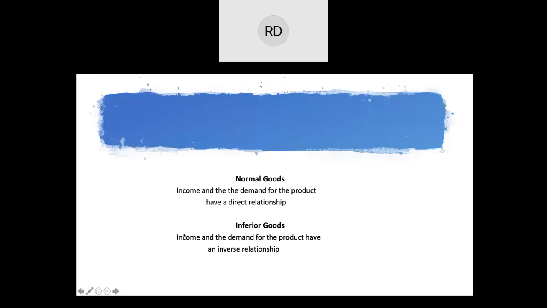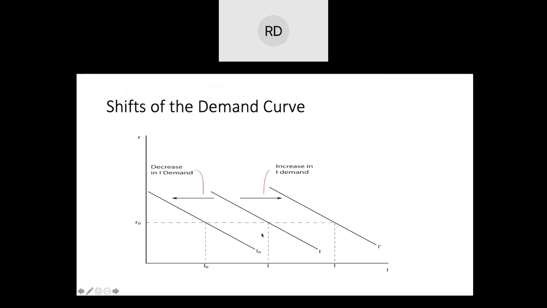And a good example for that one would be my income increases, so I'm going to buy less of cheap coffee because I'm going to buy better quality coffee. All right? So we would say that income and cheap coffee have an inverse relationship because cheap coffee is an inferior good.